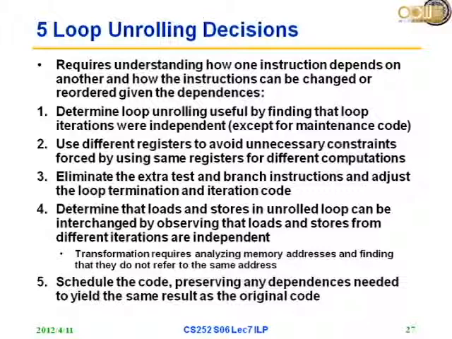Eliminate the extra test and branch instructions and adjust the loop termination condition. Determine that loads and stores in the unrolled loop can be interchanged by observing that the loads and stores from different iterations are independent. This is, again, data dependence relationship analysis. And then schedule the code properly to make the execution cycle count as small as possible. Okay?